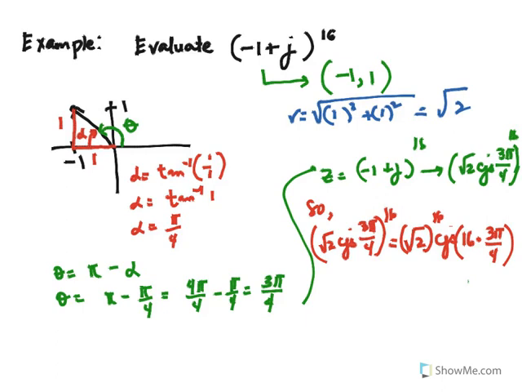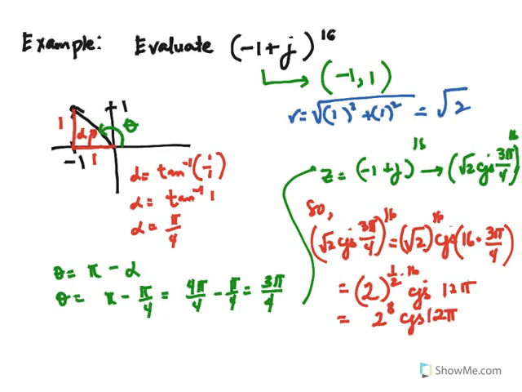So you have r raised to n times cis n times your theta. So in this case, simplifying, you will have 2 raised to 1/2 times 16, because the square root means raised to 1/2. Okay, cis 16 over 4 is 4 times 3 pi, you have 12 pi. So that's 2 raised to 8, cis 12 pi.